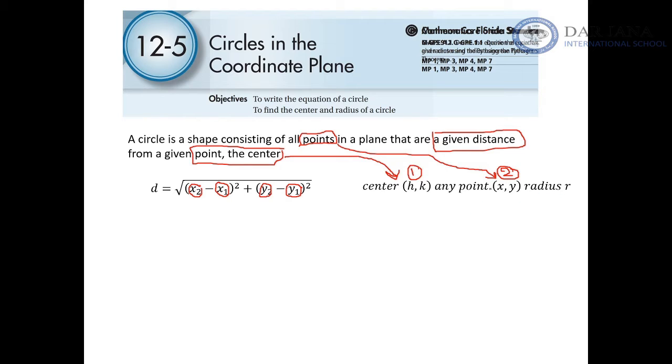Since we all know that the points on the circumference of the circle are all at a given distance, which we call the radius, the radius is r. So what do I get? If I replace what I have here, I will get this formula: the radius is equal to the square root of x minus h squared plus y minus k squared.